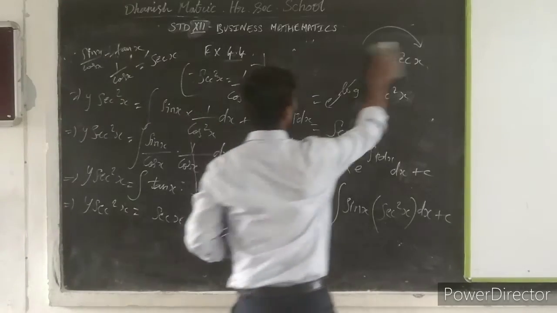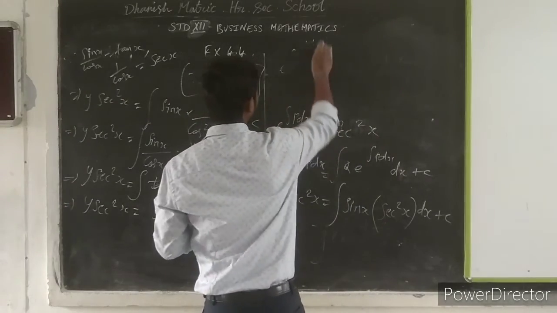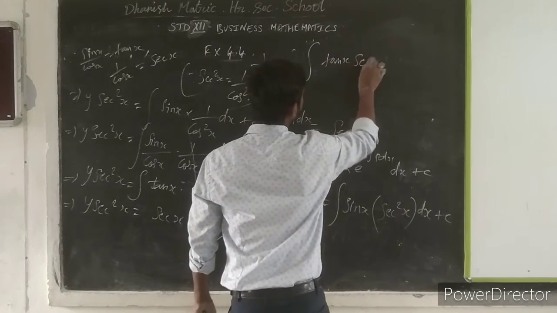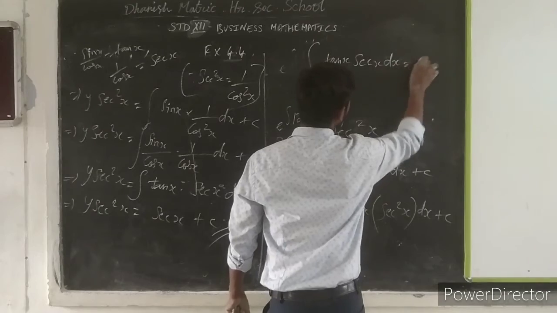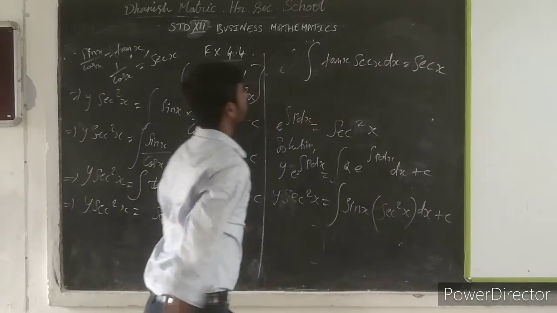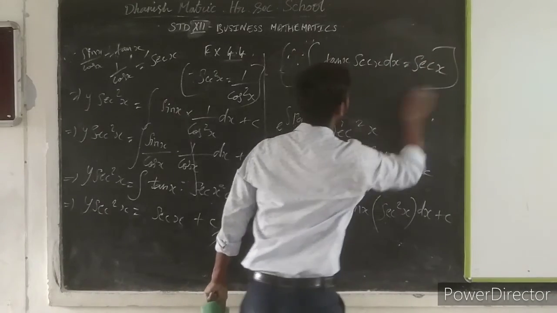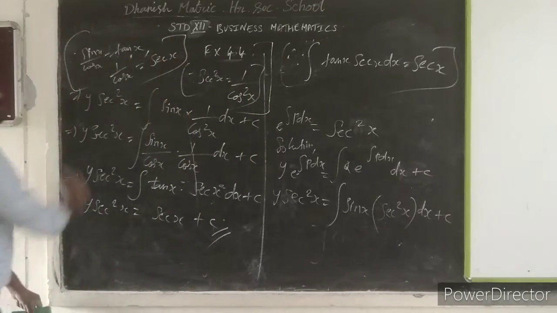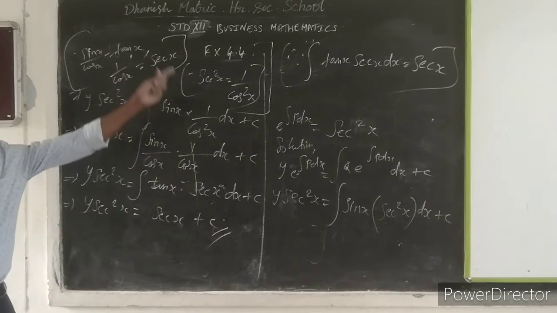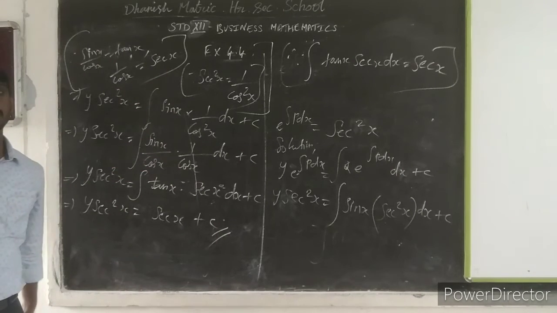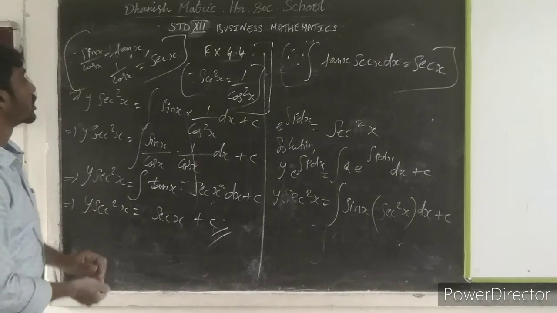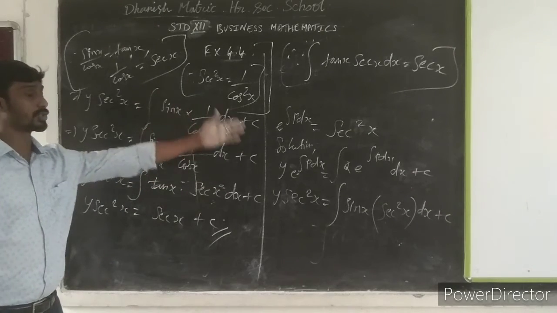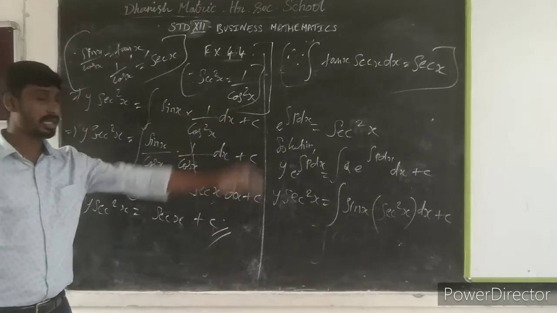Then the integral of tan x secant x dx will be secant x. Note down these values in the right corner of your classwork. They will be used to solve sums, and if you are studying for the exam, they will be used to study the basics.